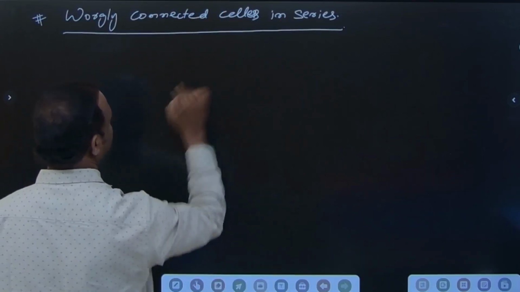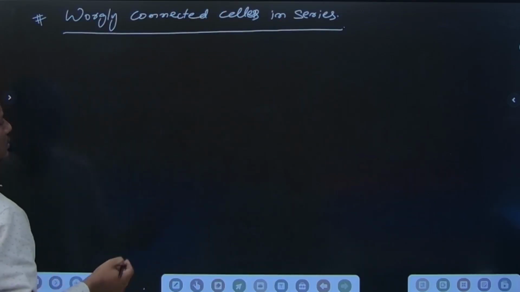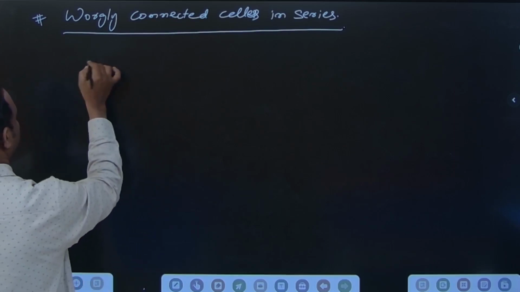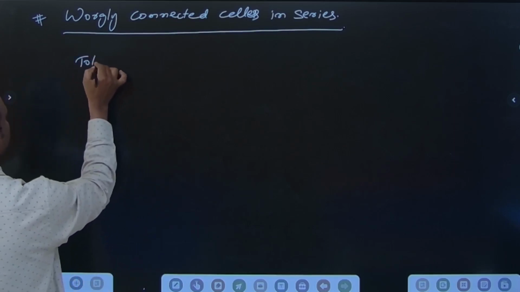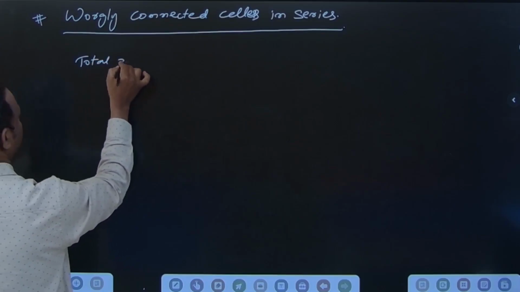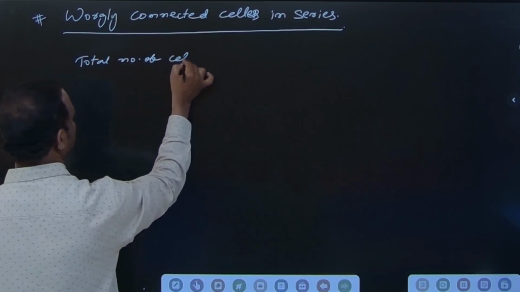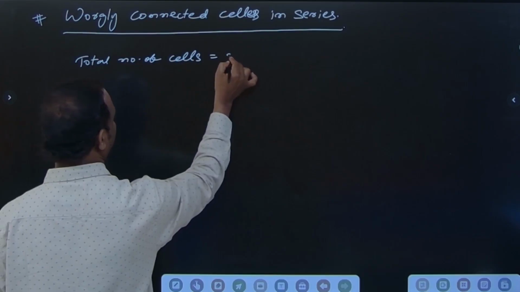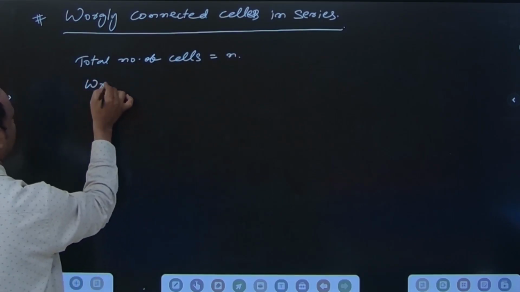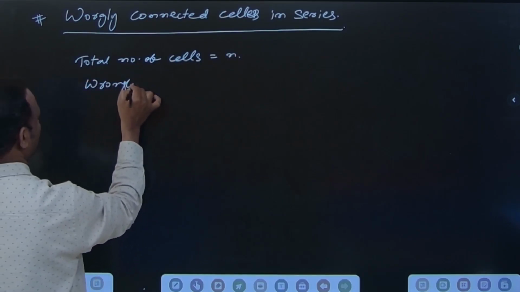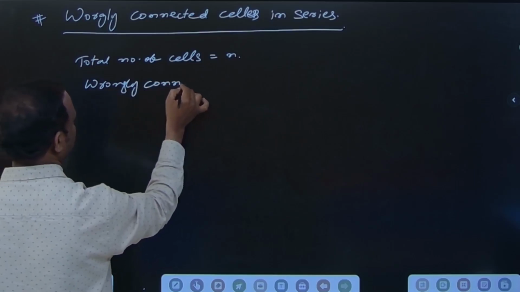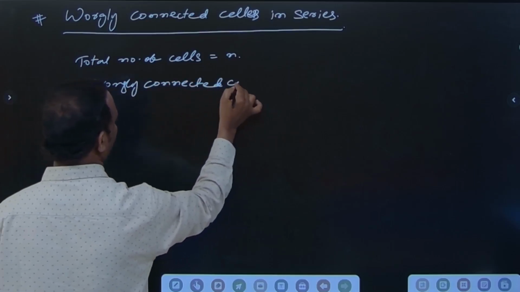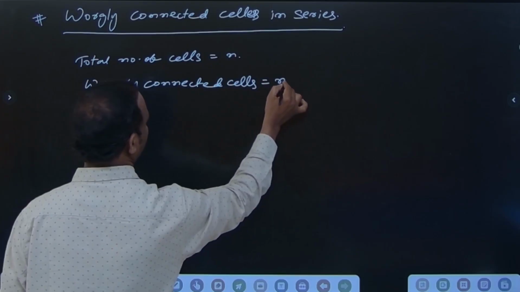Wrongly connected cells in series combination. Just consider there are n number of cells. Let the total number of cells be equal to n. Wrongly connected cells is equal to m.